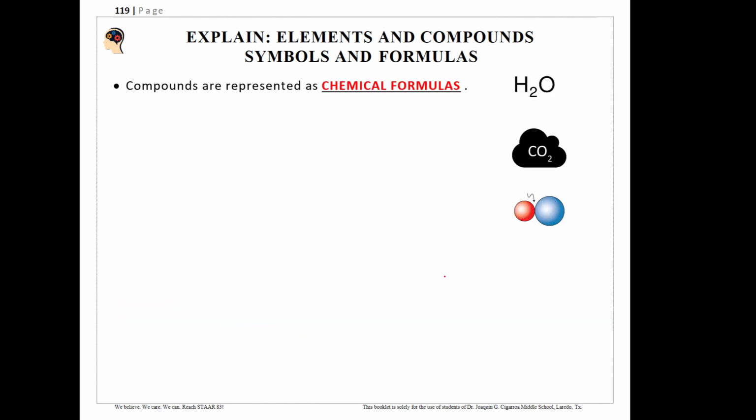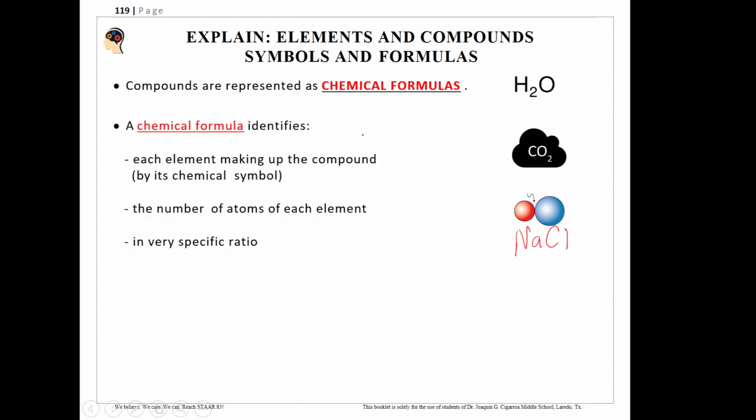Compounds are represented as chemical formulas. So you have here, of course, our H2O, CO2, and right here we've got NaCl. So these are what you call chemical formulas. What do chemical formulas identify? First, it identifies each element making up the compound.